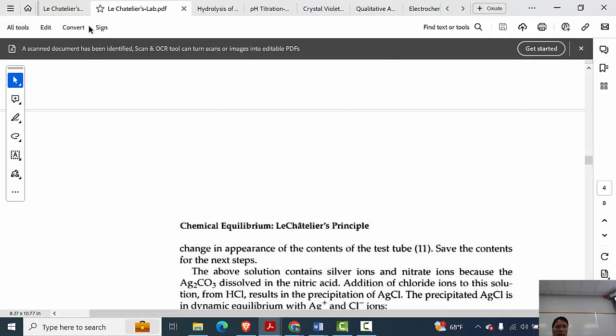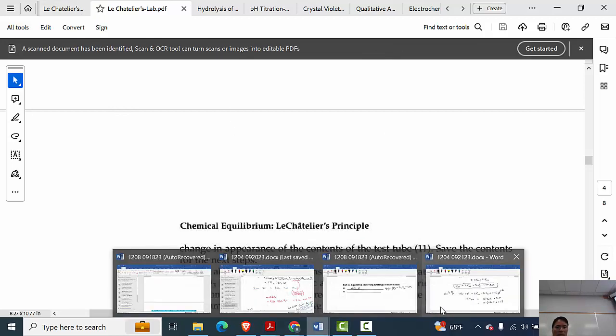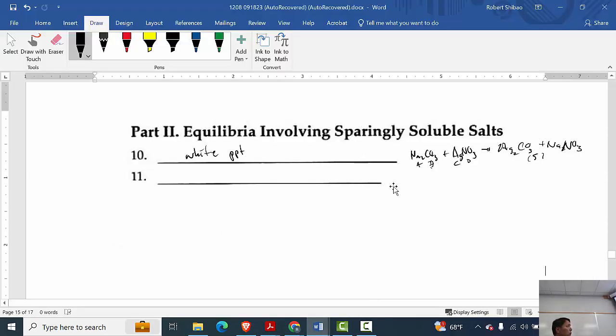So we're going to add nitric acid to the contents of this. So in the contents of this we have the products silver carbonate and sodium nitrate. So if we add nitric acid to sodium nitrate, we're going to form sodium nitrate and nitric acid. No change. But if we add nitric acid to silver carbonate, what should happen?